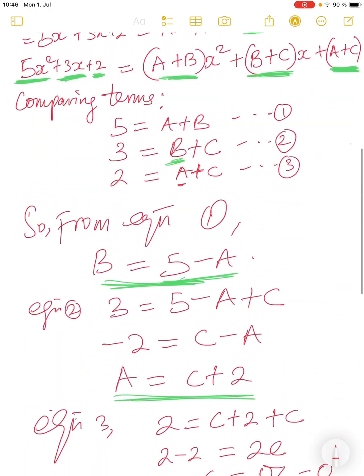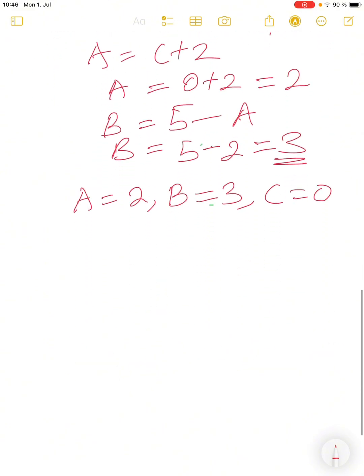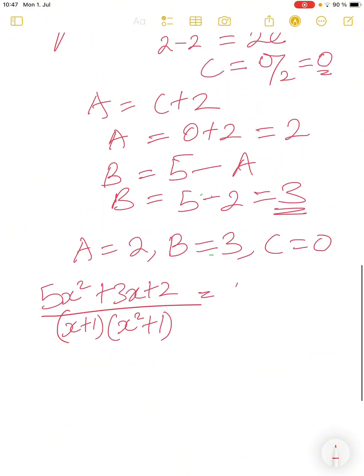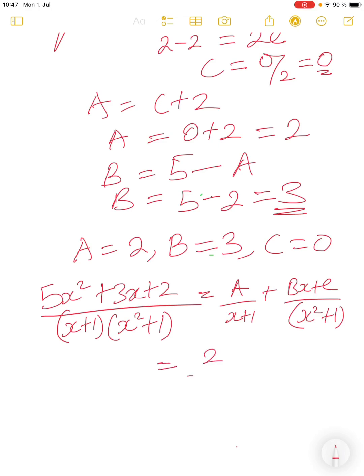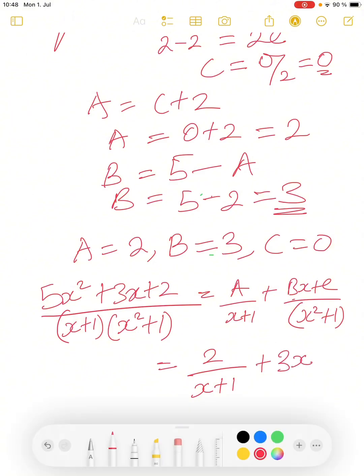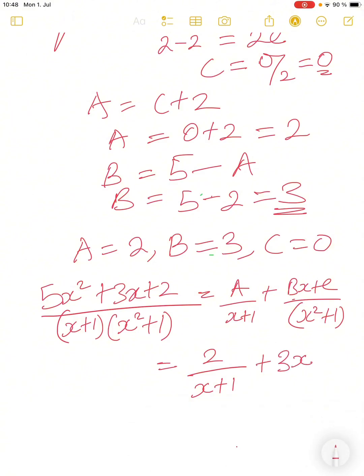Hence, we go back into our equation, which says the fraction equals a over x plus 1 plus bx plus c over x squared plus 1. So this will now become 2 over x plus 1 plus 3x plus c, our c is 0. So we have 3x over x squared plus 1.